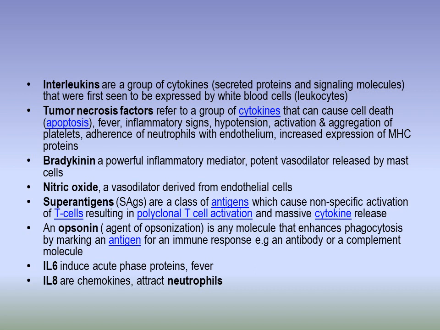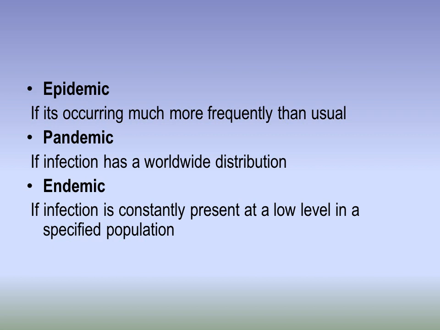IL-6 induces the acute phase proteins and can also induce fever. IL-8 are the chemokines that attract neutrophils. What is an epidemic? Like when there was a dengue epidemic, that would define the term epidemic. If a disease is occurring much more frequently than usual, then this is called an epidemic.